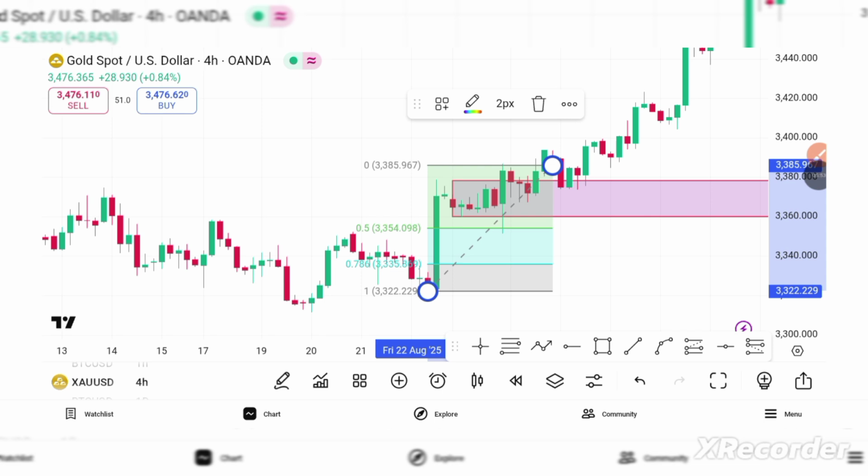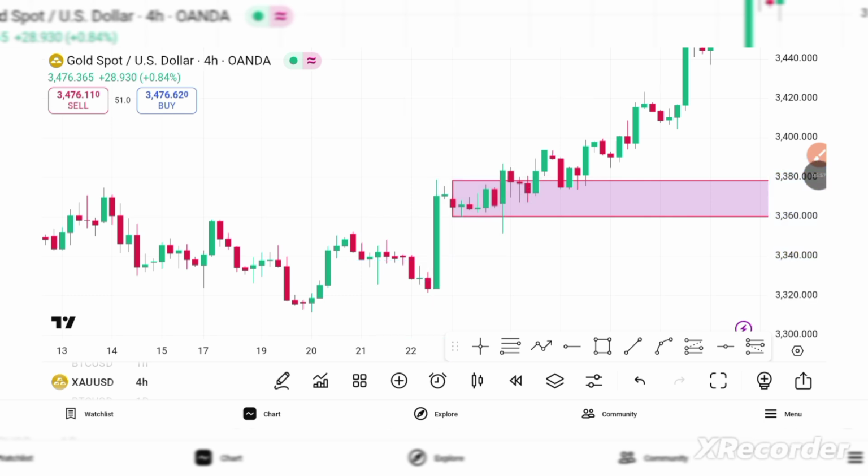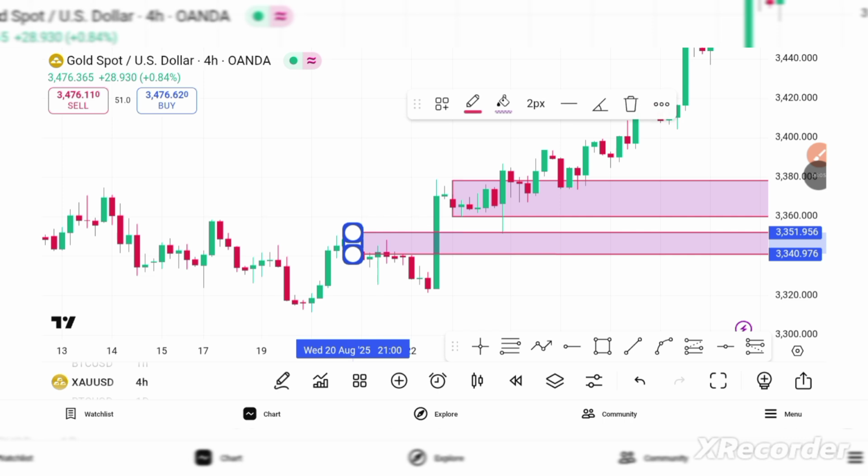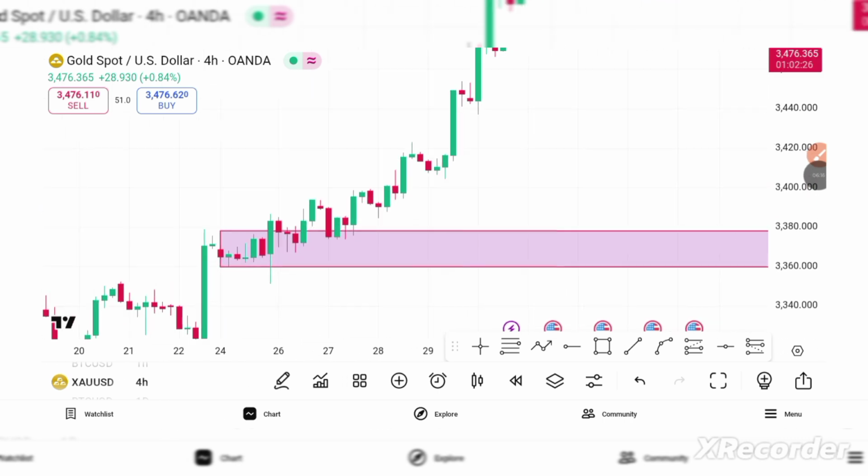And when we want to trade this in a breaker block mode, this is what we will see in the market. Price has already tapped into our fair value gap. That is why price has given us this huge move to the upside.